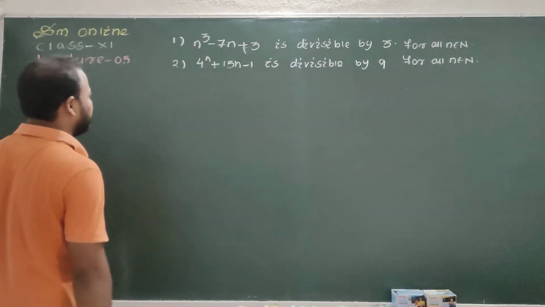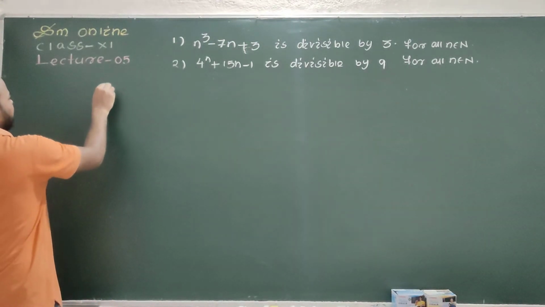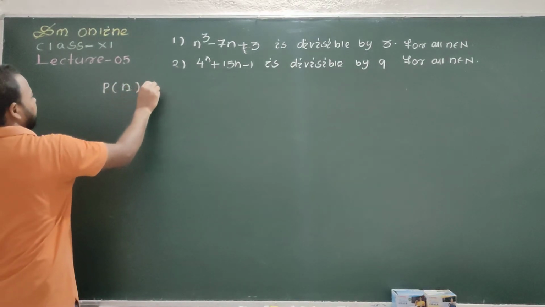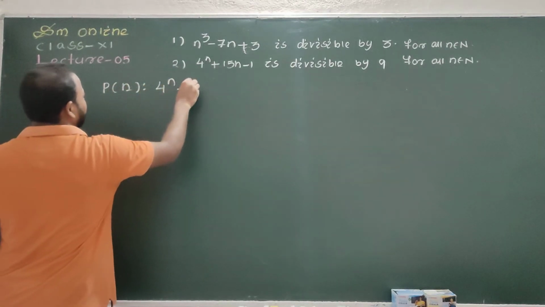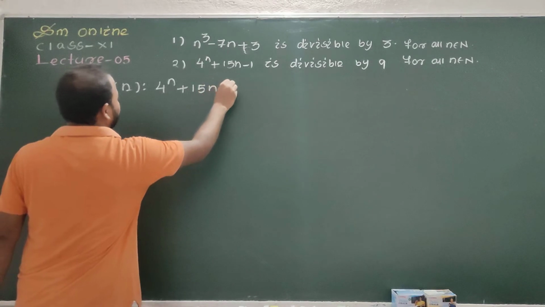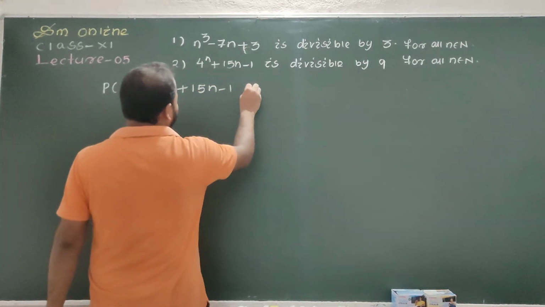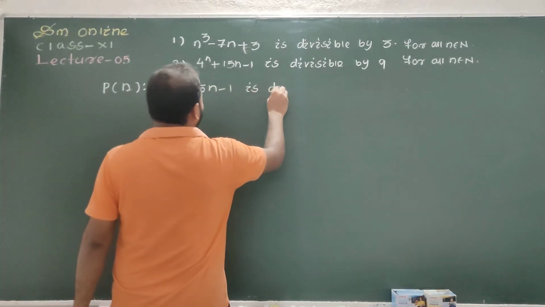Now question number 2. Let the statement be denoted by P(n): 4 to the power n plus 15n minus 1 is divisible by 9.